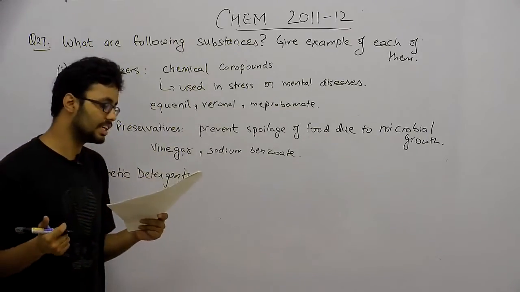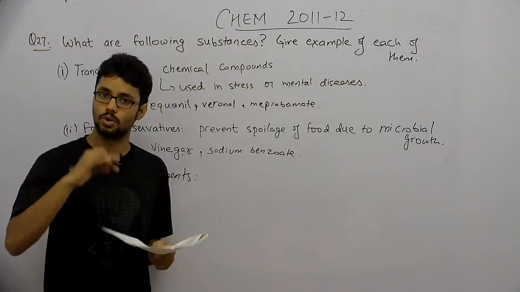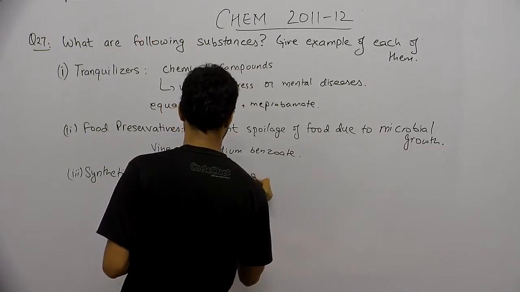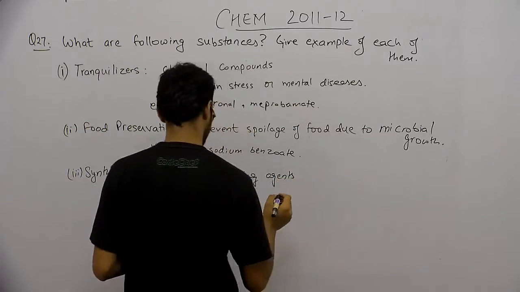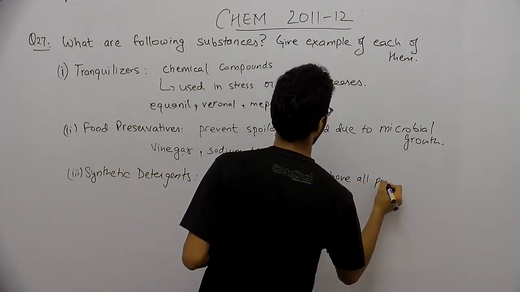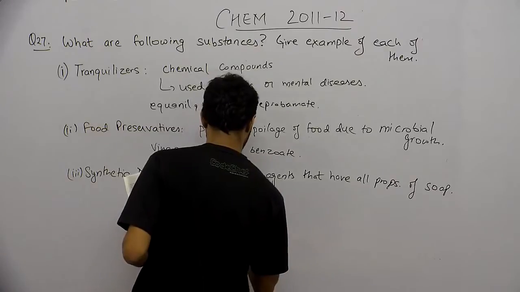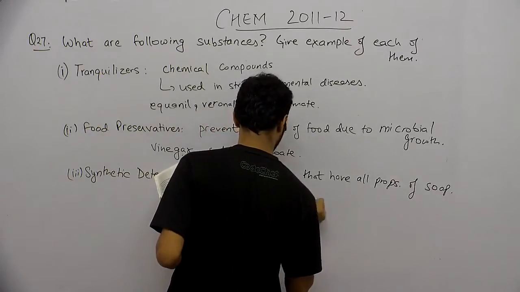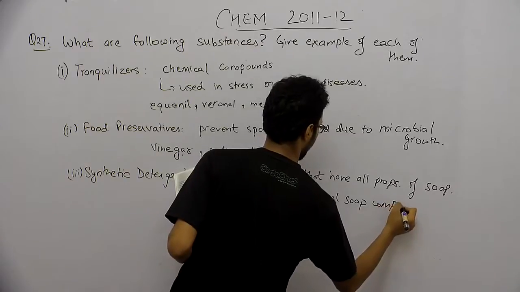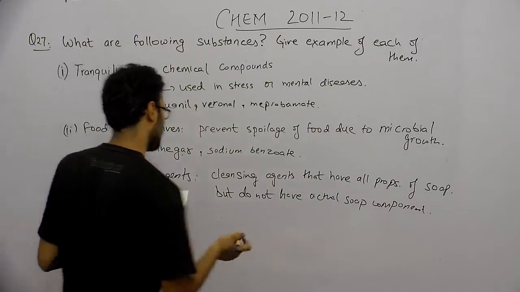They are the cleaning agents which have all the properties of soap, but which actually do not contain any soap compound in it. Most common example is sodium lauryl sulfate.